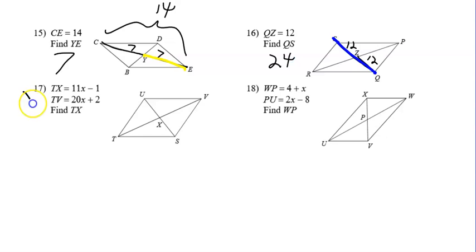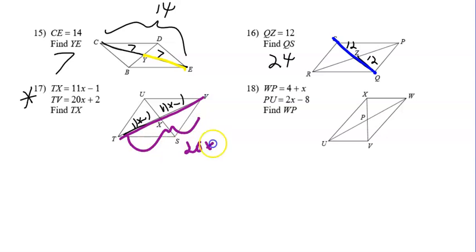Okay, number 17 is a tricky one also. You got to pay attention. TX is not a number, it's an expression. TX, which is right here, is 11x minus 1. Just like I did before, I'm going to go ahead and label this 11x minus 1 before I see what it's asking for. Then it tells me that TV, which is this whole piece here, is 20x plus 2.